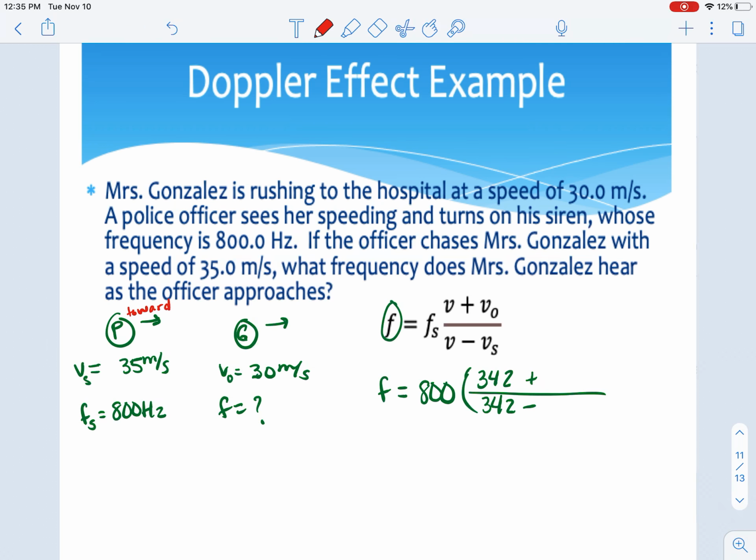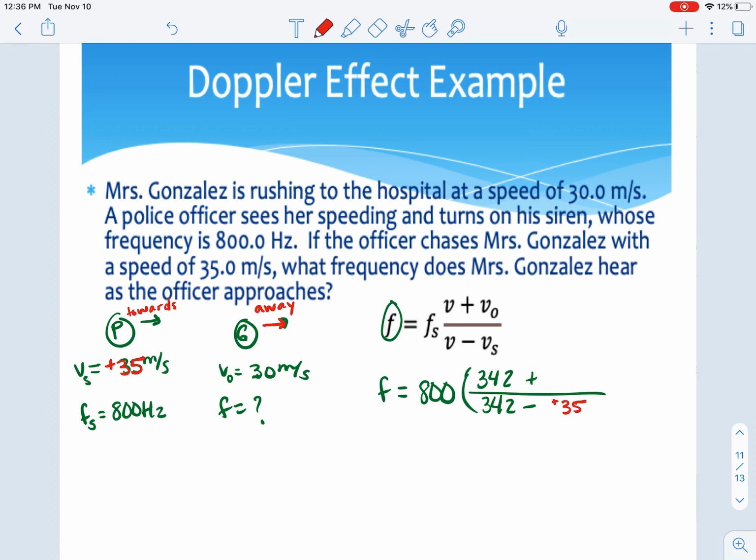So that means that my police officer is driving towards Miss Gonzalez, so his velocity is going to be a positive value. So when I substitute in the velocity of the source, my formula says to subtract a positive 35.